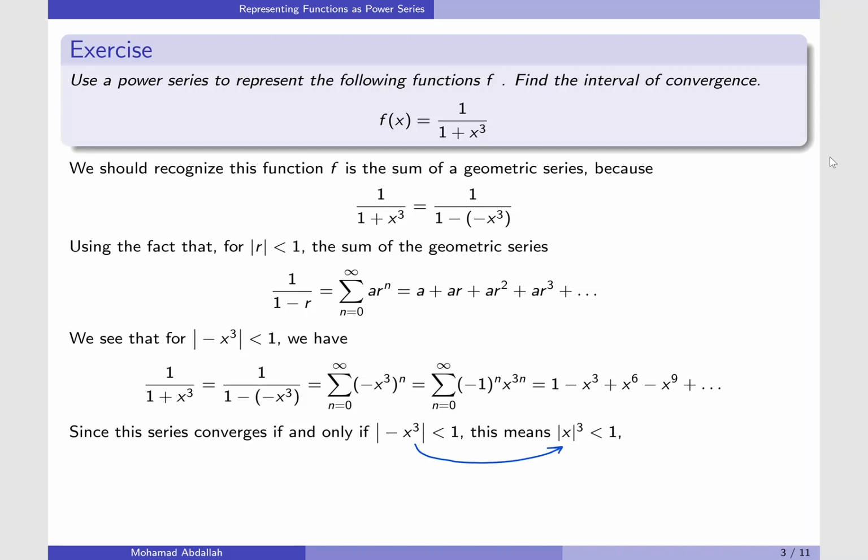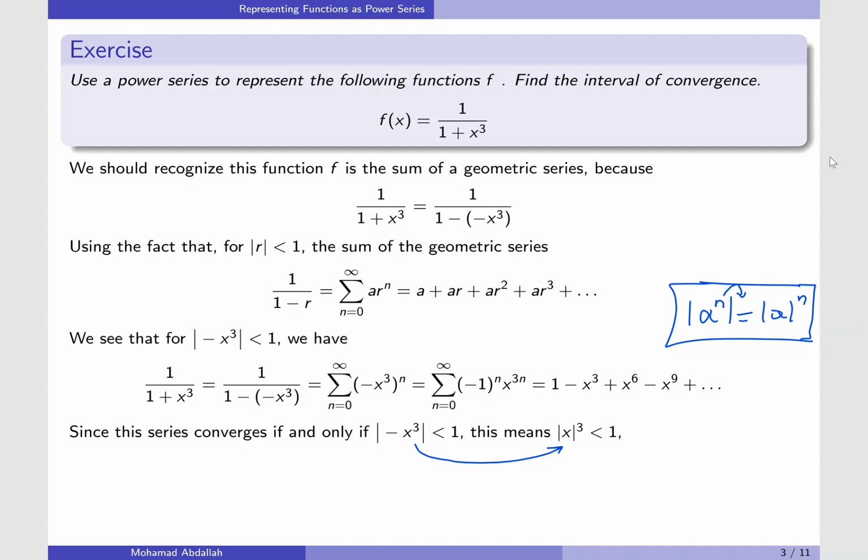The reason is the absolute value of negative 1 is 1, so I can ignore this. And then we have this property in general: the absolute value of a to the power n is the absolute value of a to the power n. This is a formula that we can use, so you can move the exponent outside the absolute value.